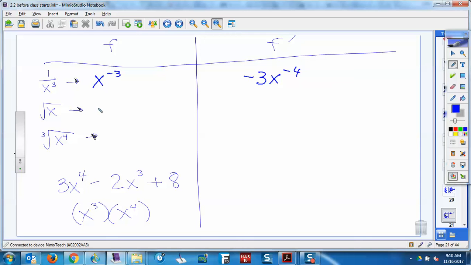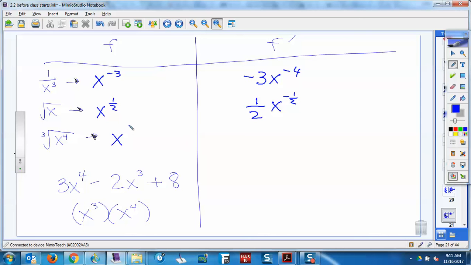Okay, what about square root of x? Well, that's x to the 1/2. So the derivative of that is 1/2 x to the negative 1/2. 1/2 take away 1 is negative 1/2. So you can see why in calculus we don't like to use radical form very much. We like to use fractional powers. We like to use powers, okay, because of this rule. It's so powerful.